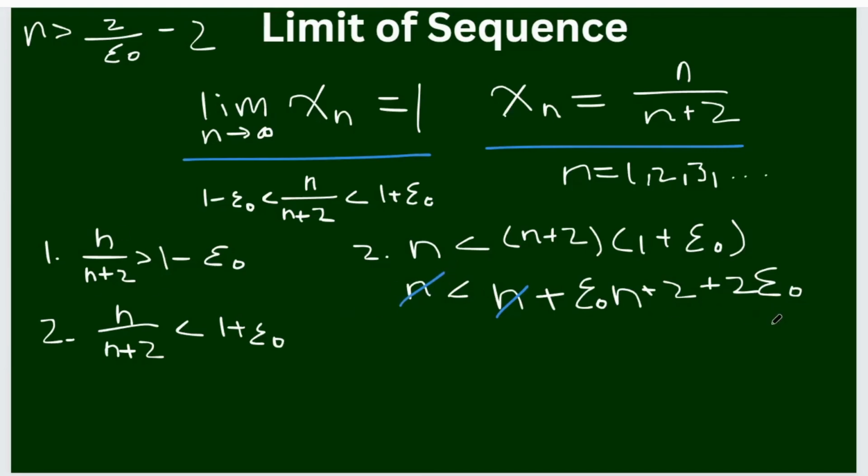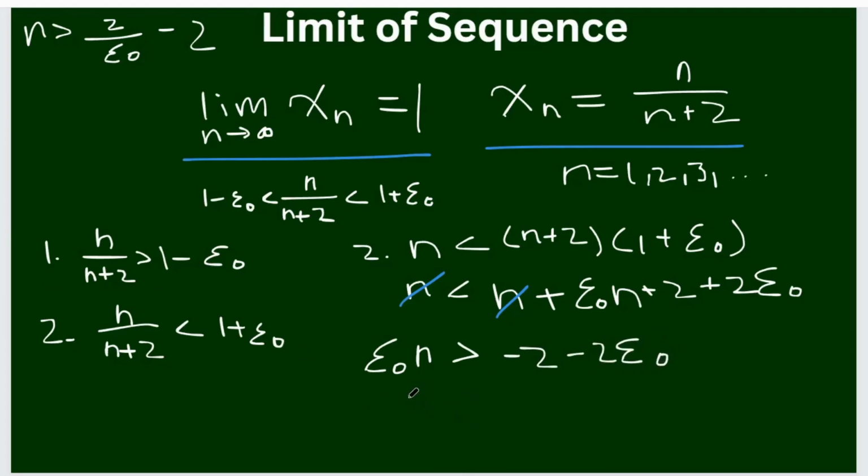Now we move the 2 and the 2 epsilon 0 over, so epsilon 0 n stays on this side, and we have negative 2 minus 2 epsilon 0.